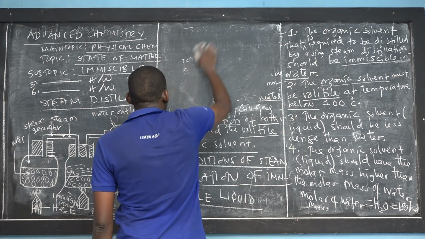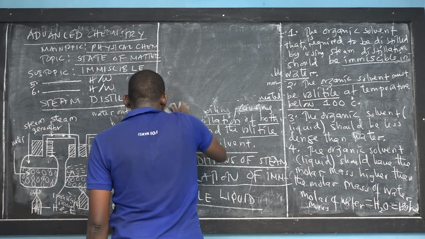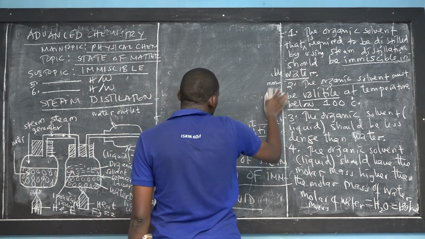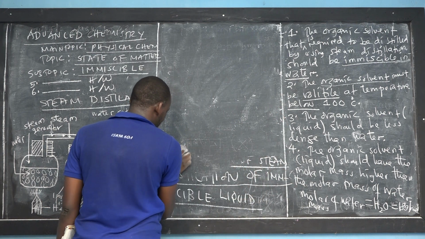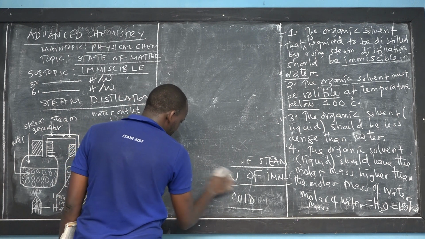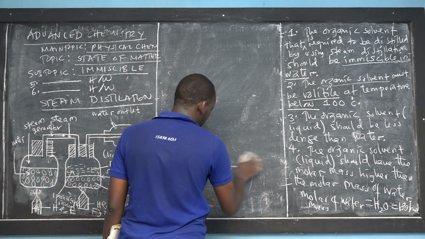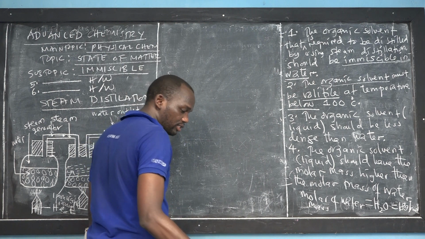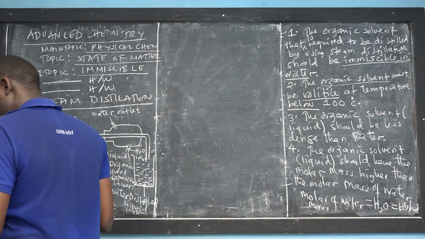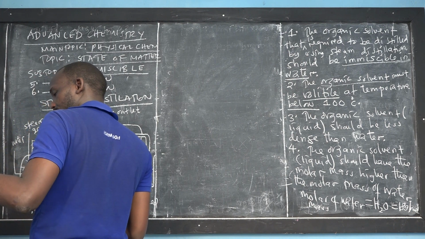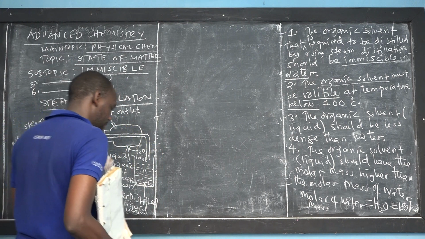We are learning about steam distillation, and this is the experimental work on steam distillation. The next question you are asking yourself is, how is this steam process carried out?